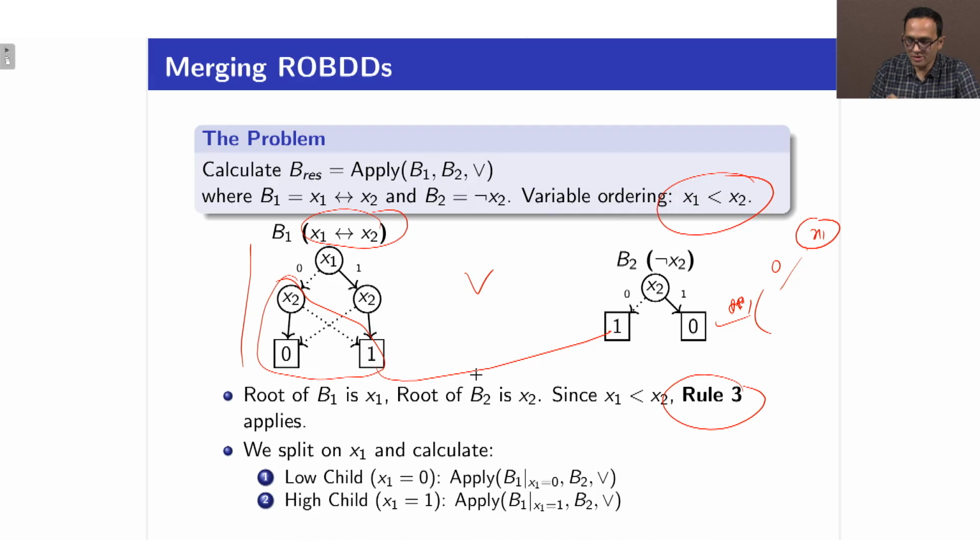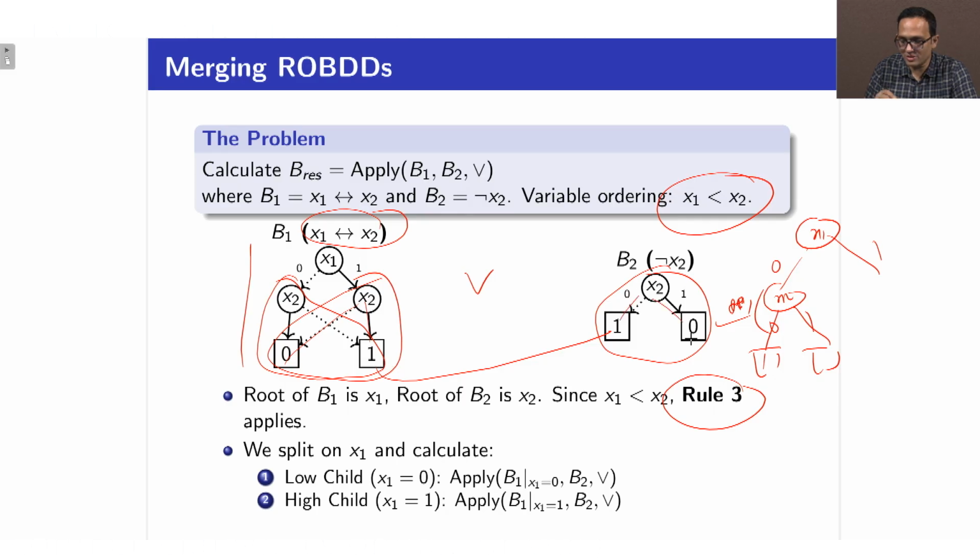I will effectively get x2, then 1 and 0, whatever this BDD is, 0 and 1. Similarly, if I put x1 equal to 1, then I will get this BDD and this BDD, and if I combine them, these are x2, 0 is 0, 1 is 1, 0 is 0, 1 is 1, it is basically a complement, so I will get 0 directly, right. I will show you step by step.